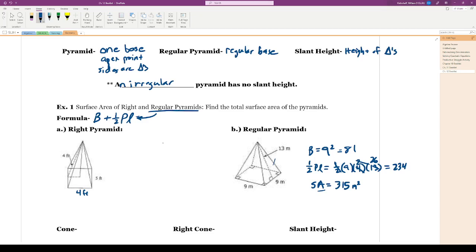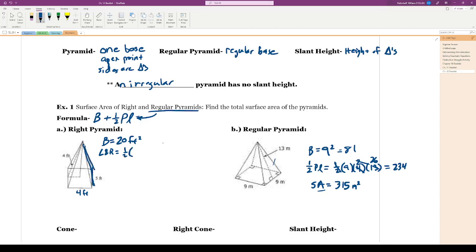So instead of finding a simple formula like this, we need to start off with the base. Base is simple, so that's length times width, so that's 20 square feet. Real simple. Then we actually know the slant height, or the height of the left and right face, if we're thinking of that as a triangle. So this is the left, and the right is going to be 1/2 times, and again, we're just thinking about this triangle right here.